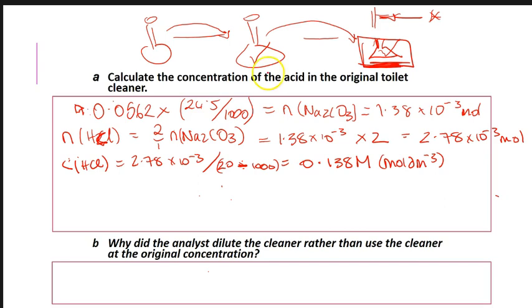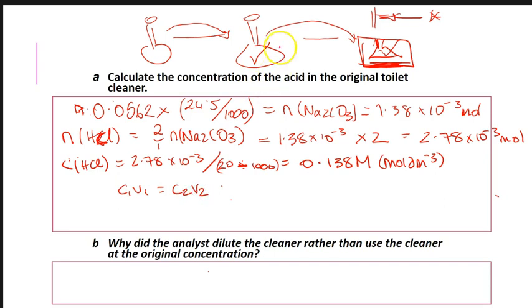So what we need to work out here is the overall dilution. So I'm going to take my concentration, 0.138 moles per decimeter cubed, and use my C1V1 equals C2V2.